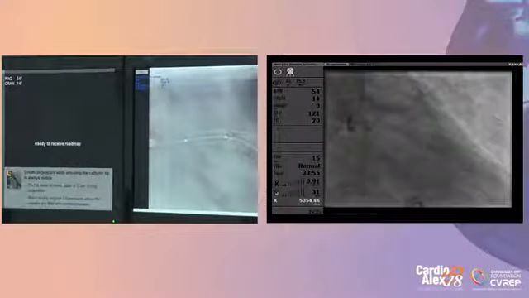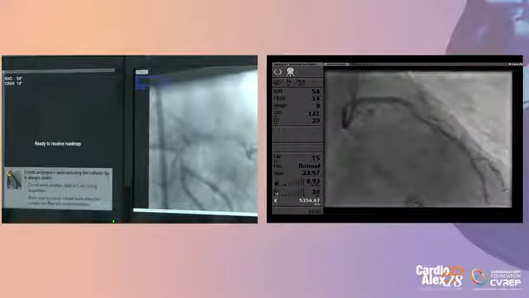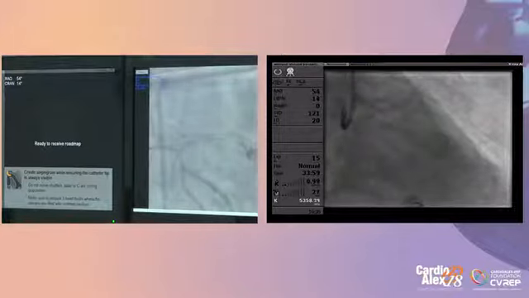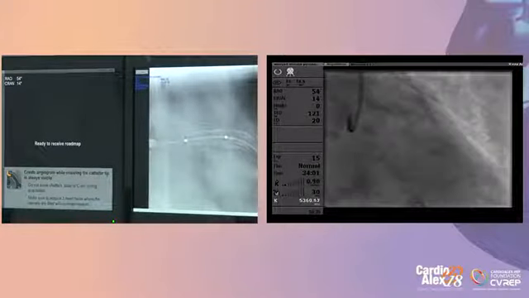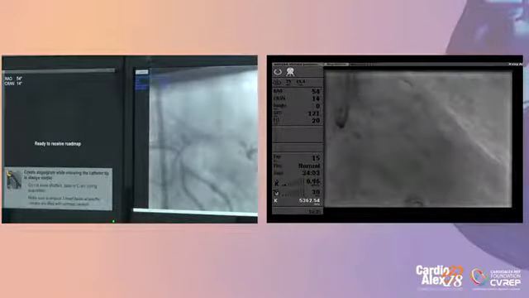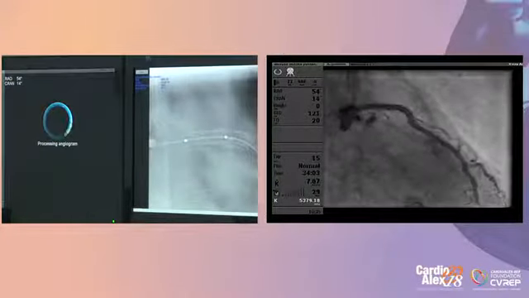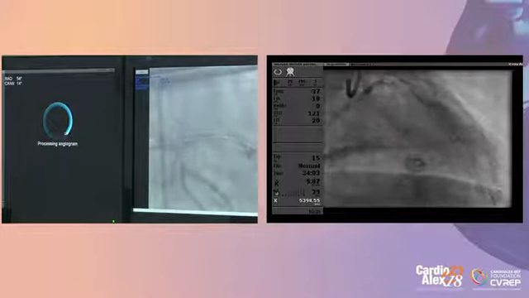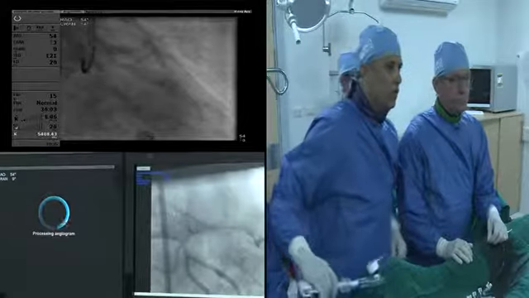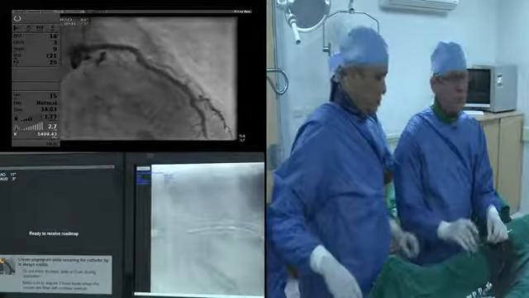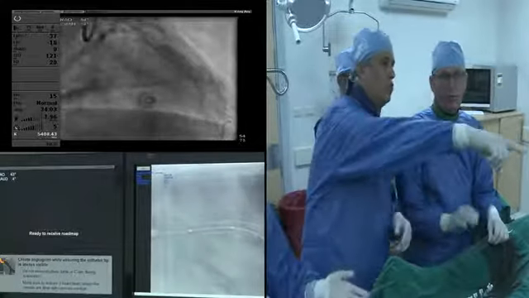Okay, we will take just a second to rest the myocardium. Let's take the picture. Hold your breath, Saeed. Lateral, please. Without wire, please, can you take the wire out. I removed a little bit. This should be distal.